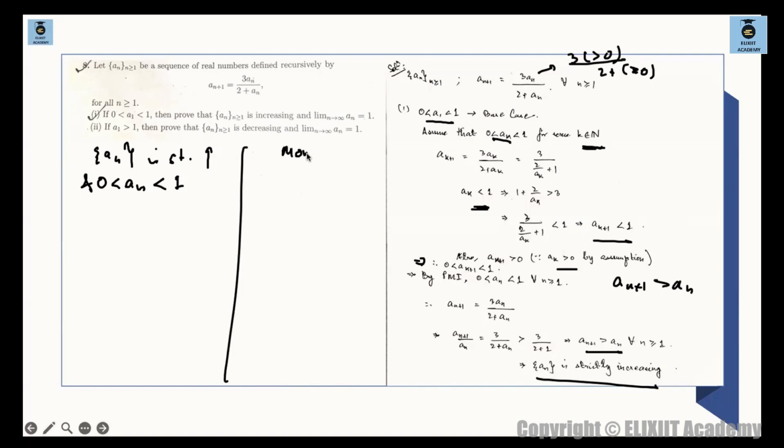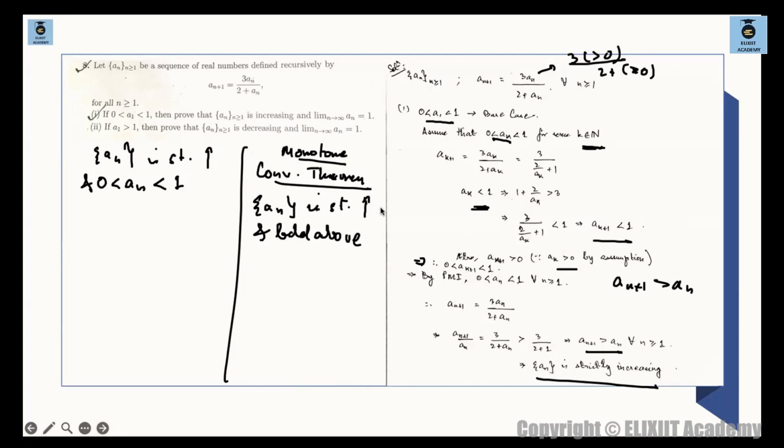The monotone convergence theorem. Suppose a sequence is strictly increasing, and the sequence is also bounded above.